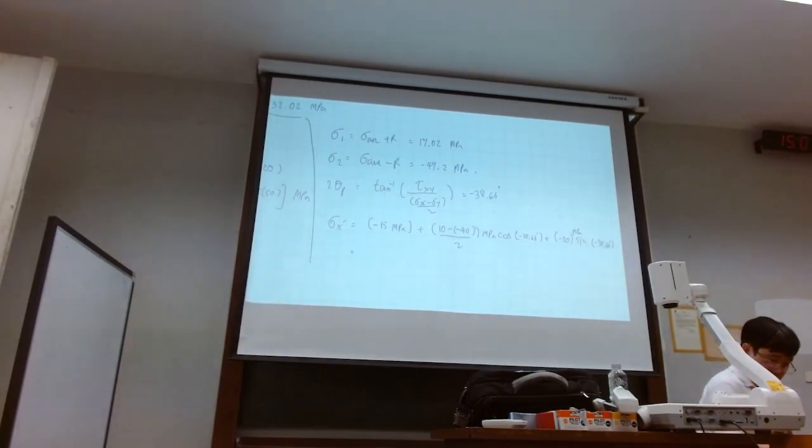So I get 17.02 MPa from here. So this means that this is your 2 theta P1, sorry.